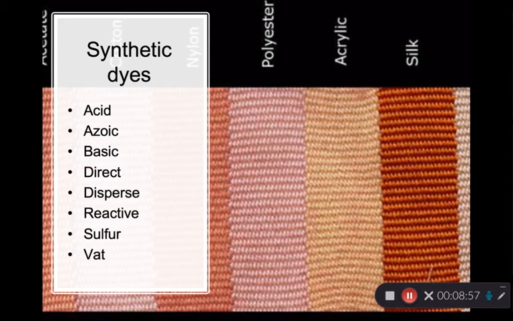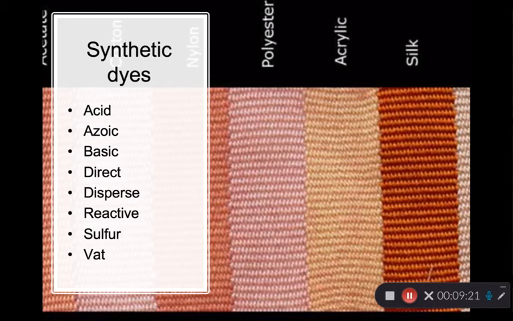So they're water insoluble, and they're used for manufactured fibers. And you remember manufactured fibers don't take in water very easily. And so this class of dyes were developed for actually hard to dye fibers like acetate.